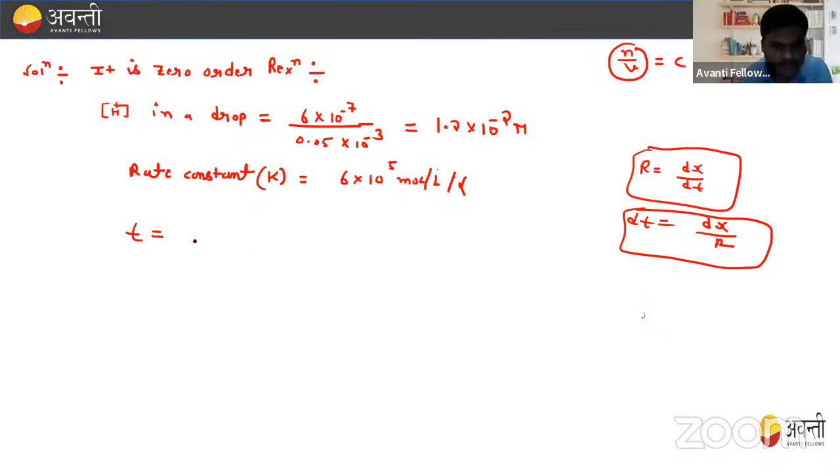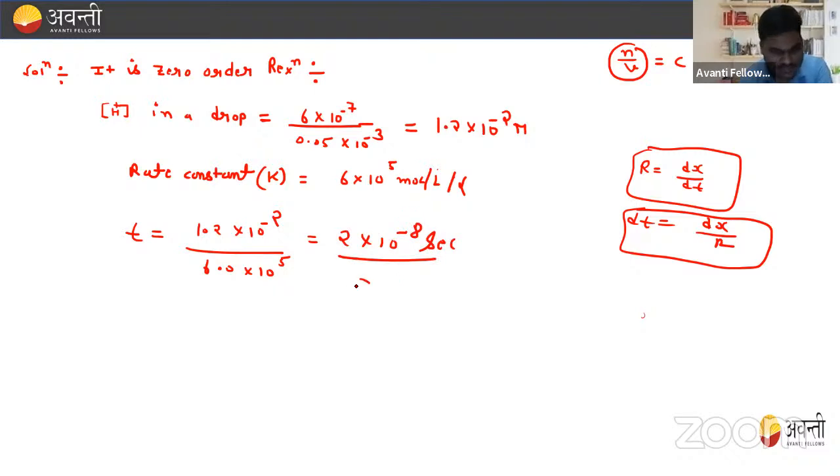Right. So T is nothing but this concentration, which comes out to be 1.2 into 10 to the power minus 2, divided by the rate constant, that is 6.0 into 10 to the power minus 5. Right. So when you calculate, you'll get the answer 2 into 10 to the power minus 8 second.